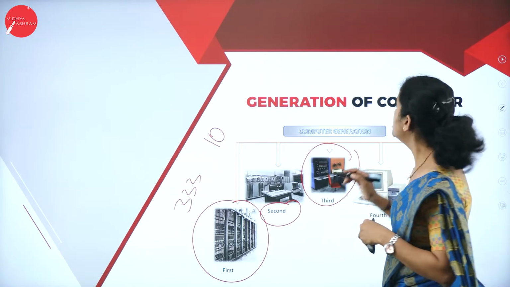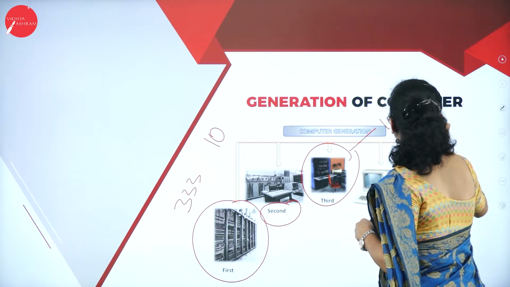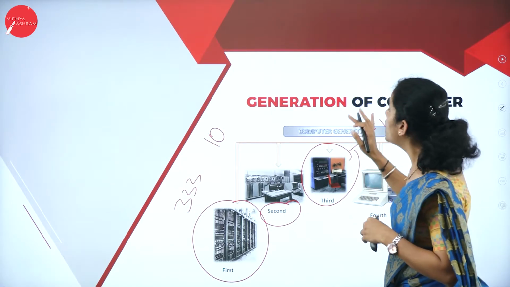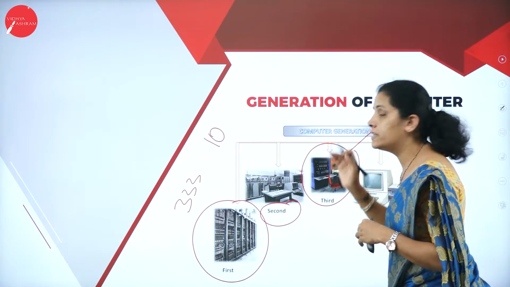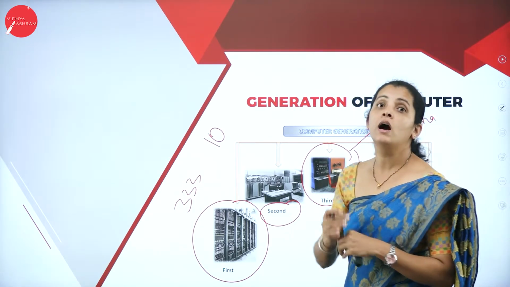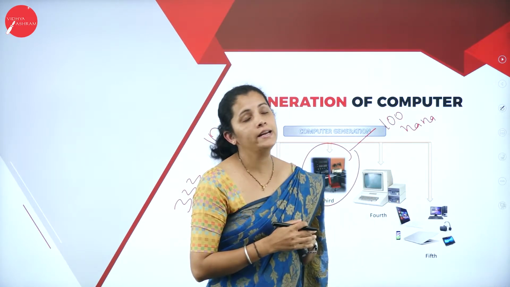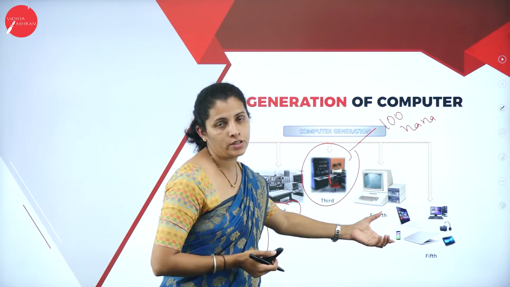The execution speed of these machines is 100 nanoseconds. Then here we are going to have real-time operating system, and at this generation we are going to have high-level programming languages like FORTRAN and COBOL.